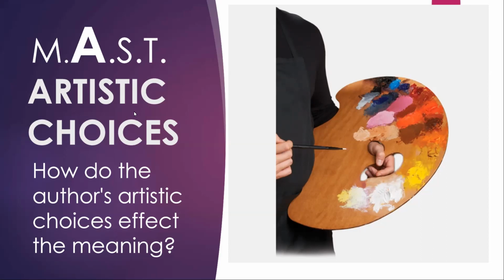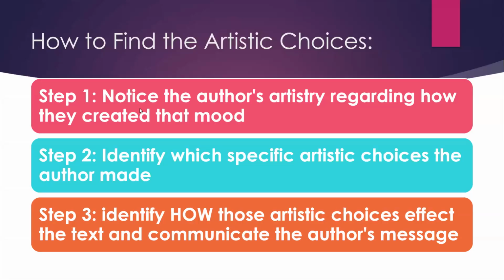And by artistic choices, we mean the stuff that we already studied when we studied Gatsby, right? We studied specific artistic choices like symbolism, metaphor, simile, personification, and especially word choices, like how the author chooses specific words. We call that diction.